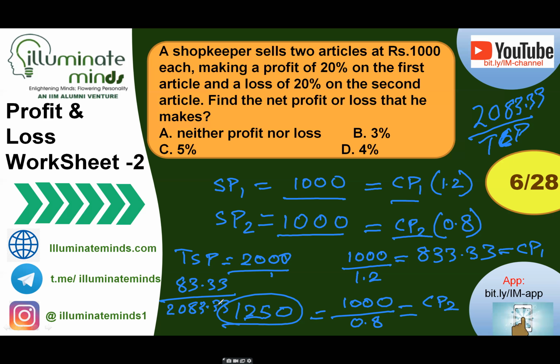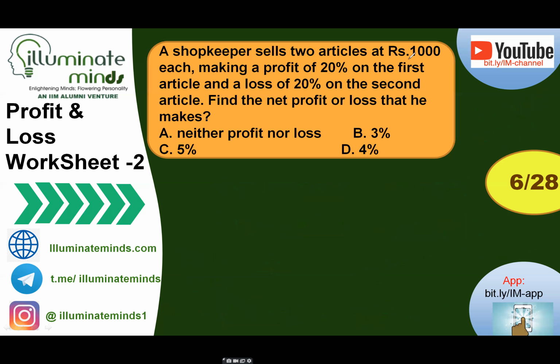Still, calculated so that there is no error, 83.33 divided by 2083.33 is 3.8, roughly 4%. So that's the answer in this case. Let's move to the next question, guys.